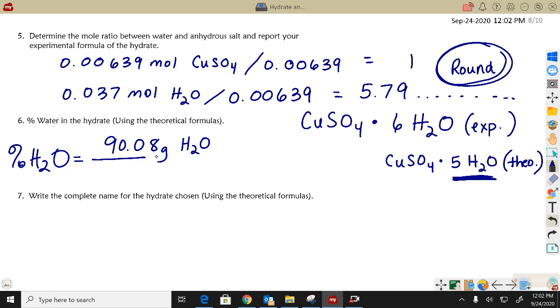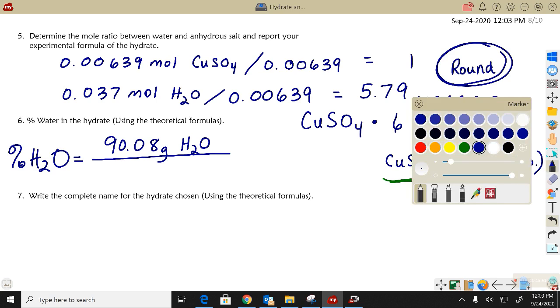And then we just divide by the mass of the whole thing. So now I'm just going to take that 90.08 and add the mass of copper sulfate. I'm just looking for the mass of this whole thing. And remember that the dot does not mean multiply, right?